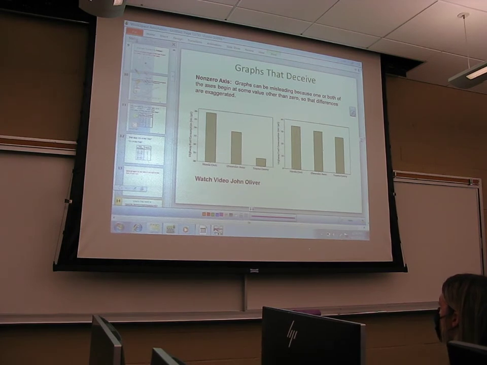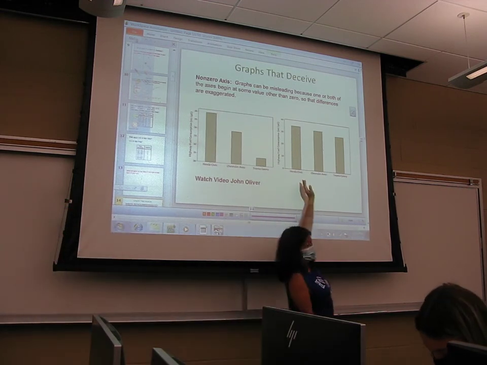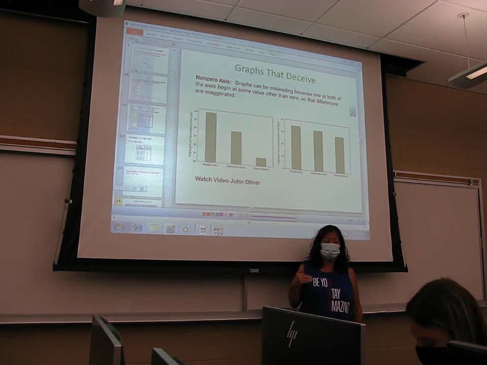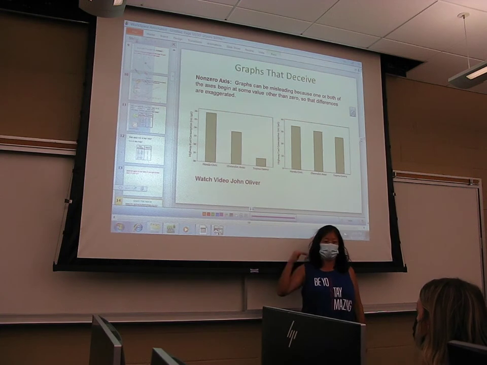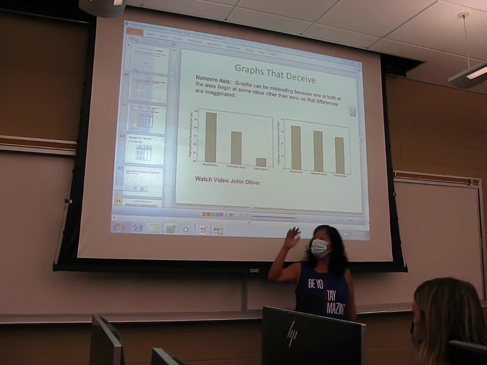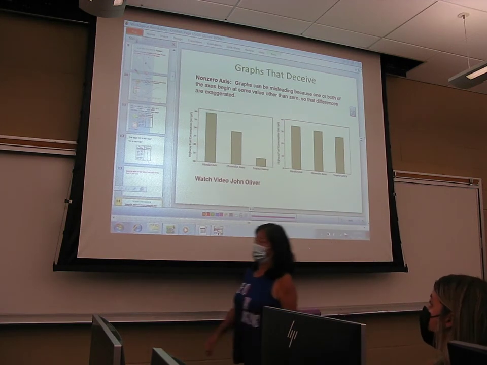The difference is really not that great. The graph on the right is the accurate graph. Remember, the y-axis should always start at 0. We don't care about the x-axis, but the y-axis, because that's your frequencies, should always start at 0. So then you can really see the data comparatively.